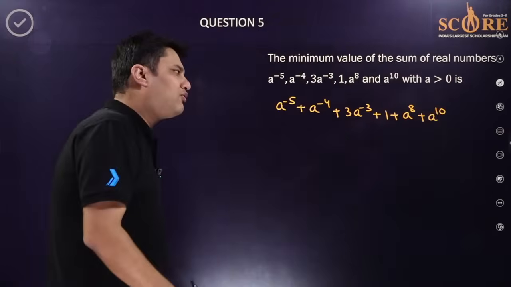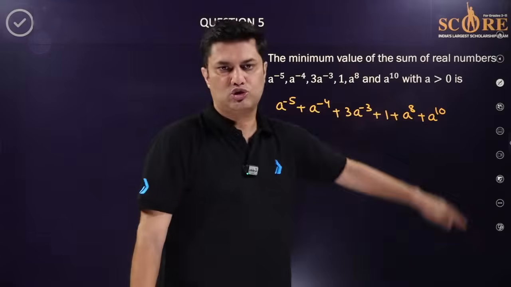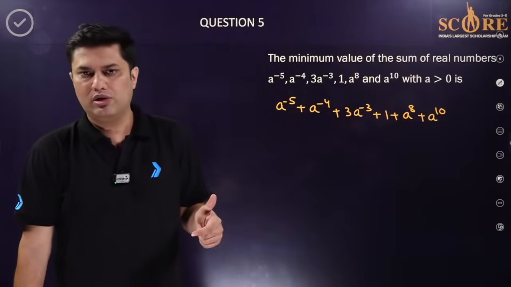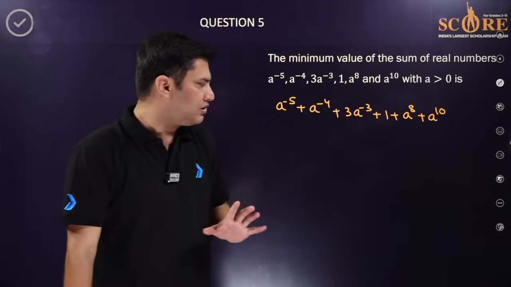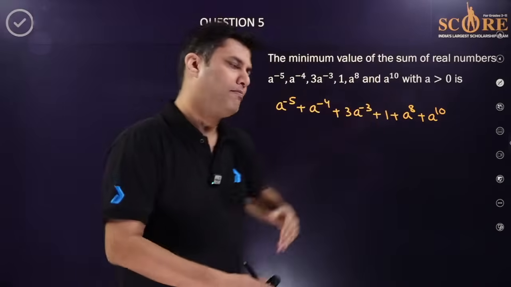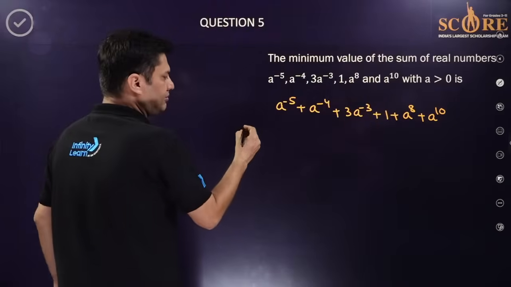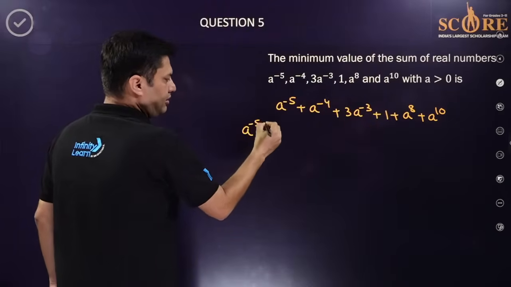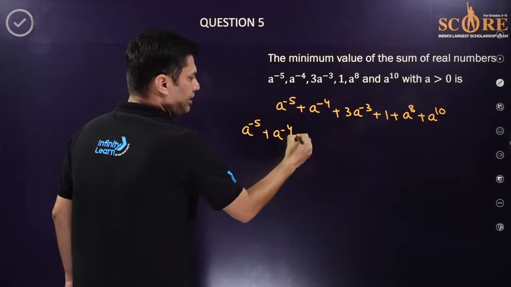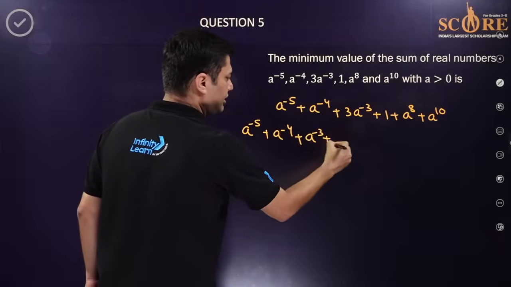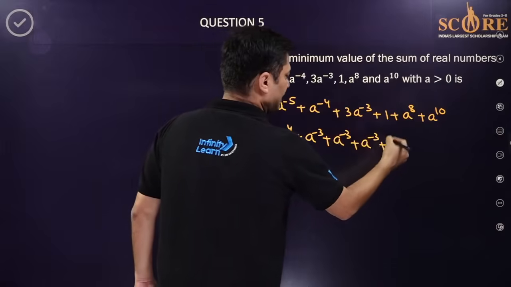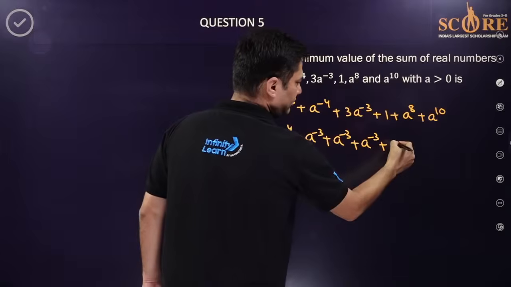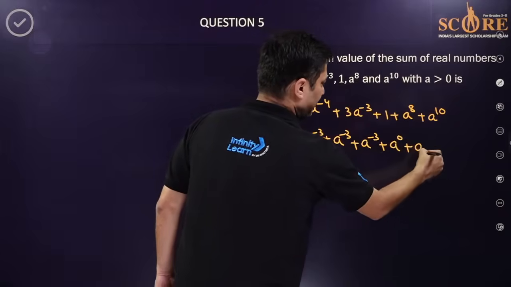In these kinds of questions, you can just break this 3 into 1 plus 1 plus 1, and then apply AM-GM, arithmetic mean greater than or equal to geometric mean. So we have a to the power minus 5, a to the power minus 4, a to the power minus 3 three times, a to the power 0, plus a to the power 8, plus a to the power 10.